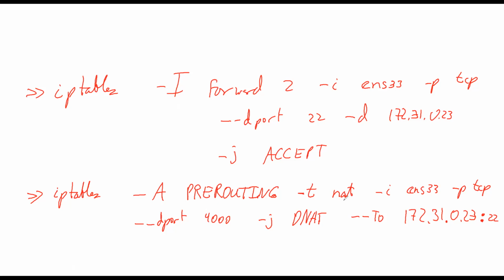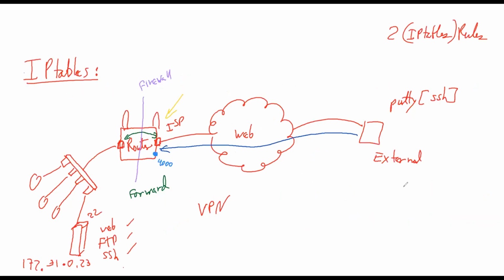Now to test this, the way that it would work is, like I said, we open a PuTTY here. So in the PuTTY, you would put, let's say that your IP is like 205.215.116.41. You need to put the IP and the destination port.